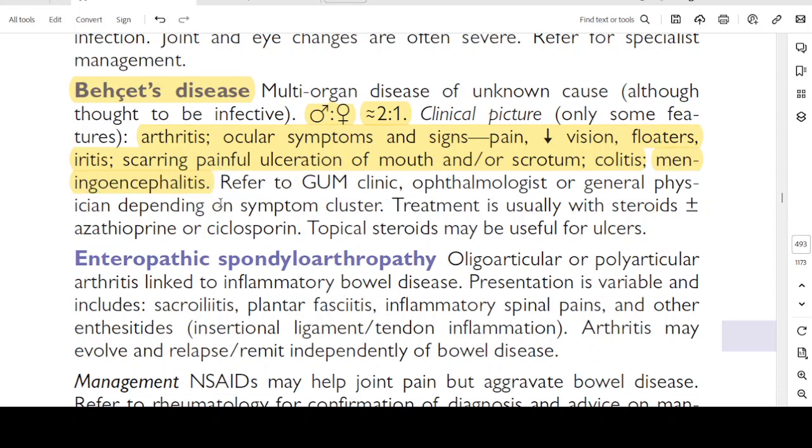Refer to the GUM clinic, ophthalmologist and general physician depending on the symptom cluster. Treatment is usually with steroids plus azathioprine or cyclosporin. Topical steroids may be useful for ulcers.